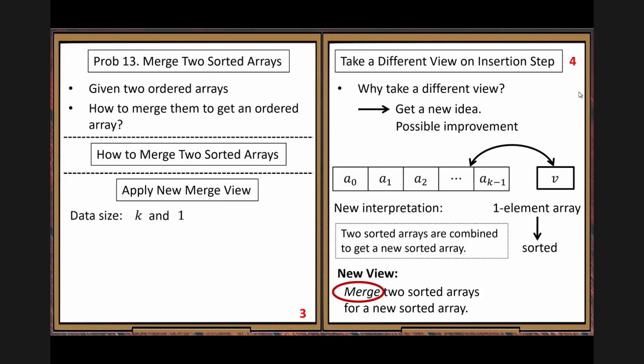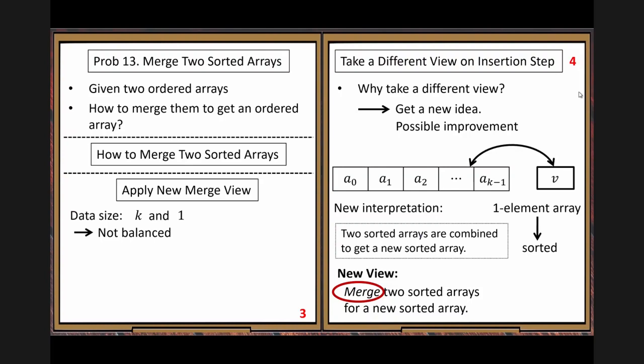For the insertion step, our data size is k elements in the first part and one element in the second. So you can see the size difference is very big, so we call it not balanced.